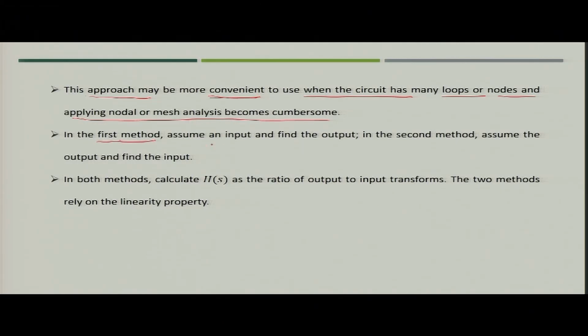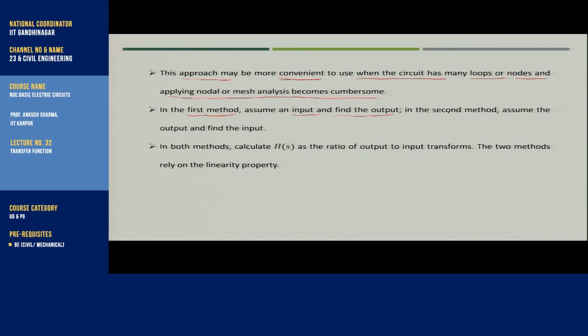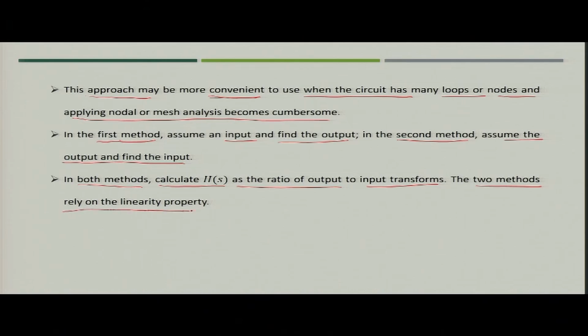Now, in the first method, as we discussed, we assumed the input and found the output, while in the second method we assume the output and then find the input. In both methods you calculate H(s) as the ratio of output to input transform, and we have to keep in mind that these two methods are only applicable when you have a linear circuit.